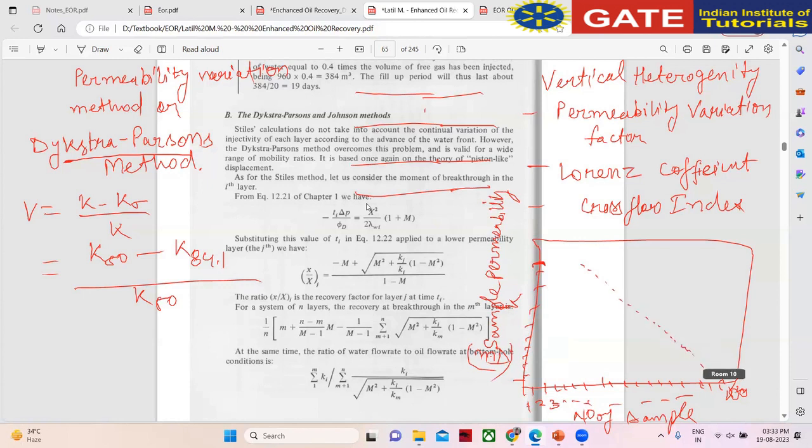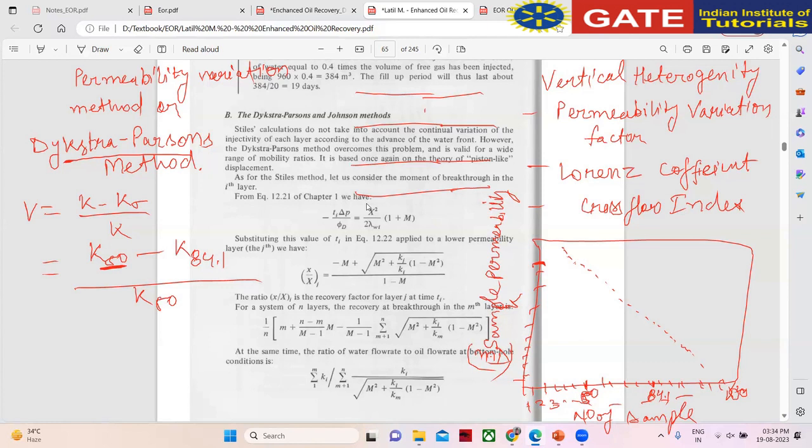Sample 1 has its own permeability, sample 2 another, and so on. Using this method, we take the permeability of the 50th sample and the 84.1 sample.